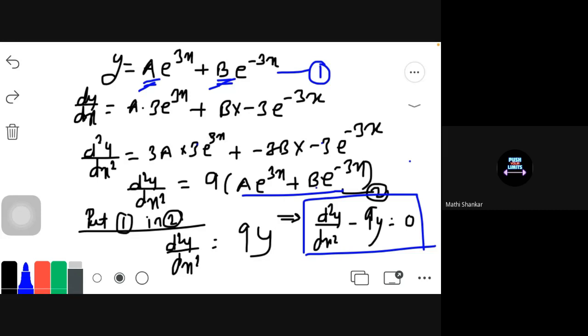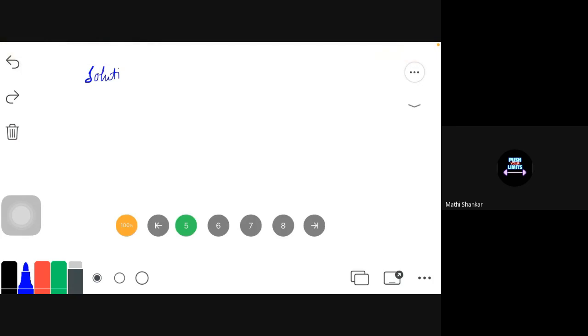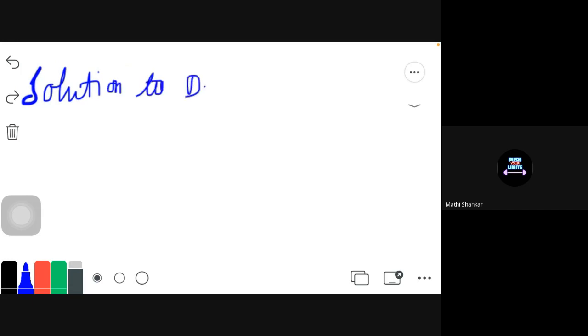Let's move further now towards the main topic of the chapter. And the main topic is solutions to differential equation. So this is the major part of the entire chapter, and here you are going to study various methods.